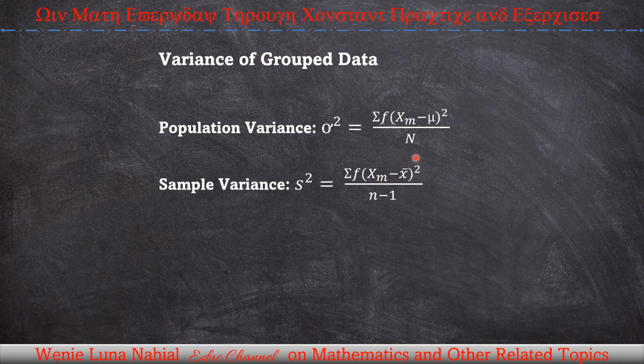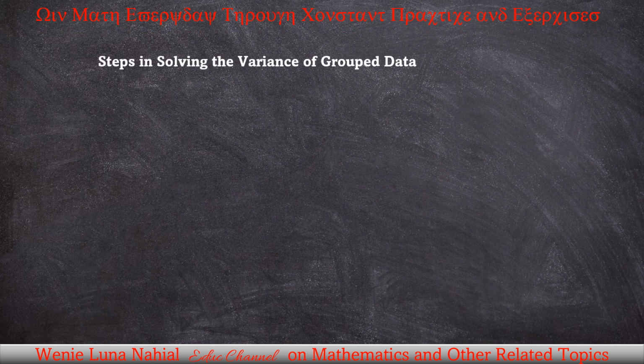Again, let us be clear that this uppercase letter N indicates that we are referring to the population variance, and this lowercase letter n indicates that we are referring to the sample variance.